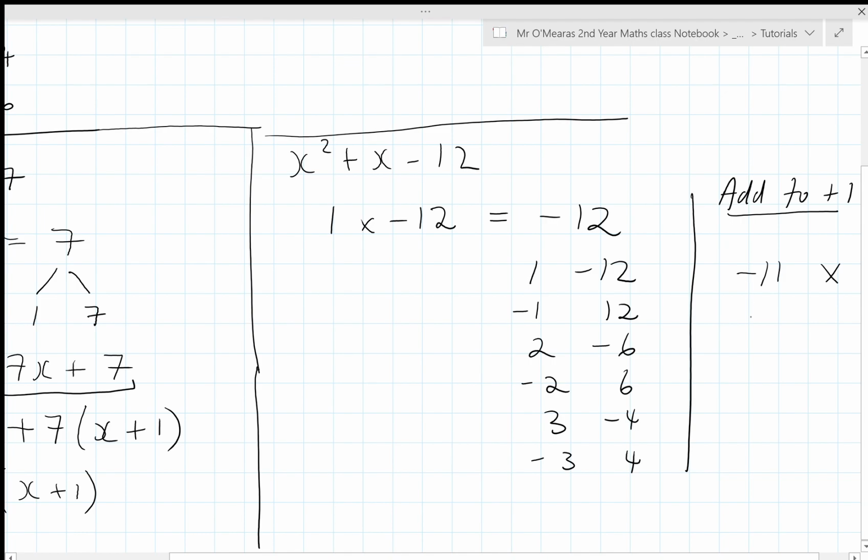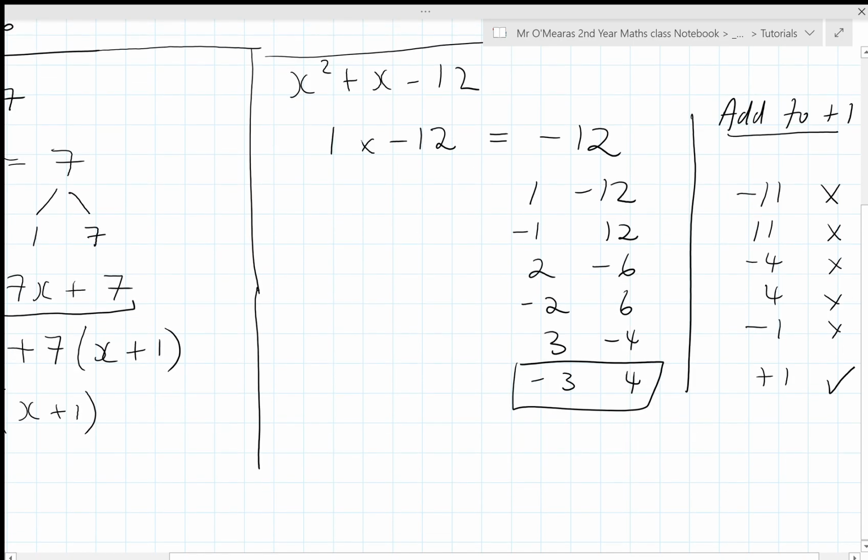Minus 1 and 12 is plus 11, so no, that hasn't passed the test. 2 and minus 6, when you're adding them, gives you minus 4, so no, that doesn't pass it. And you keep going down along, no, no, and of course it just happens to be that the very last one is the one we need. Minus 3 plus 4 is plus 1. Yes, all right. So this is our chosen factor pair.